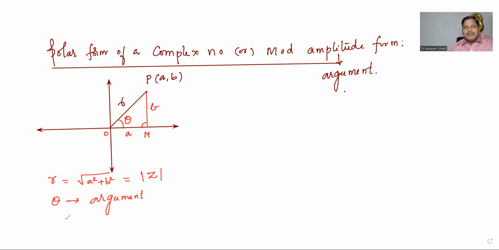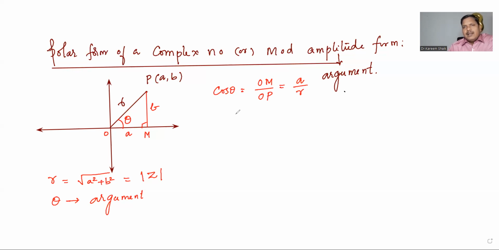Now, observe here from this triangle OPM, can I say that cos theta is nothing but the adjacent side OM upon the hypotenuse, that is OP? So OM equals a, OP is denoted here by r.